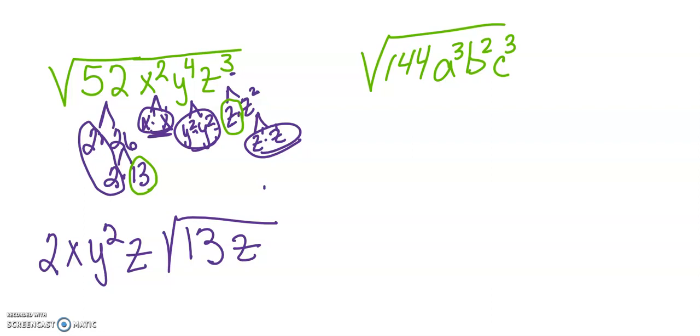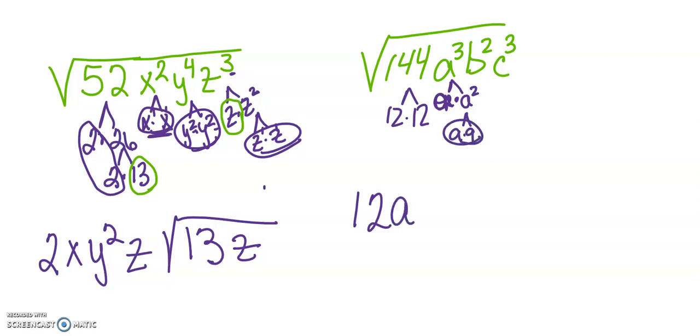144 is a perfect squared number. That is 12 times 12. So it comes out. If I want to make a cubed something times an even power, I will take off the odd number and multiply it by a squared. Okay, so that means a squared can be written as a times a, and an a will come out.